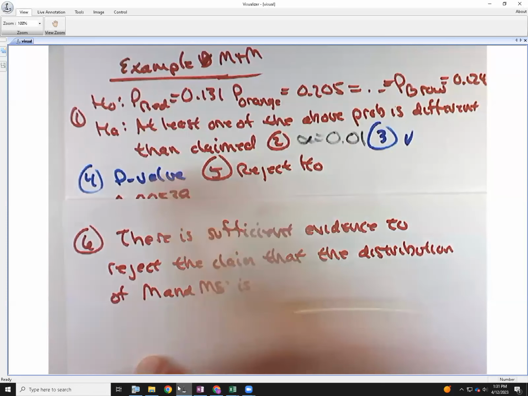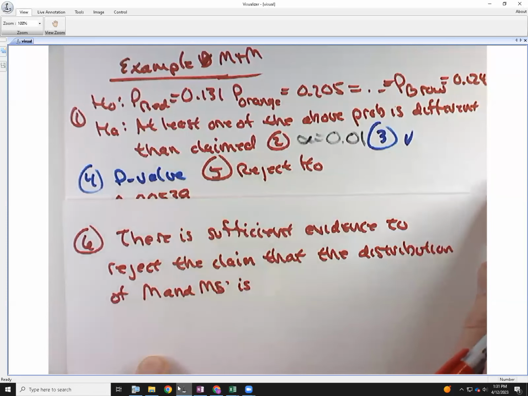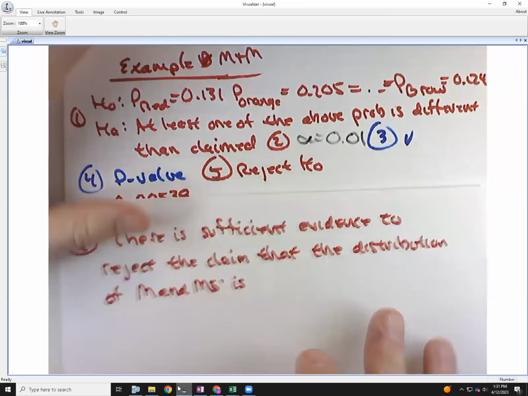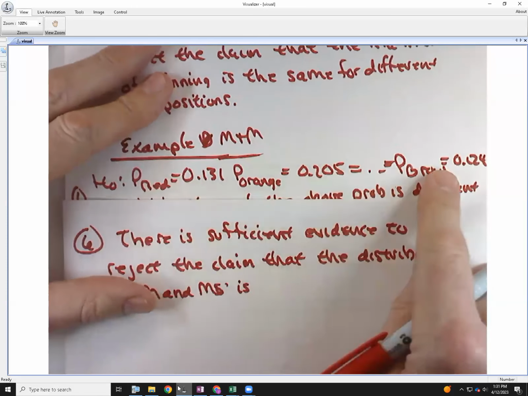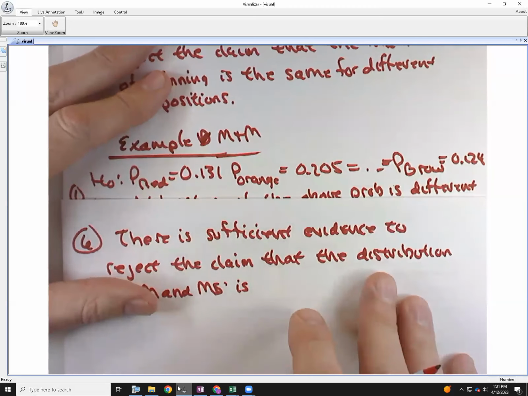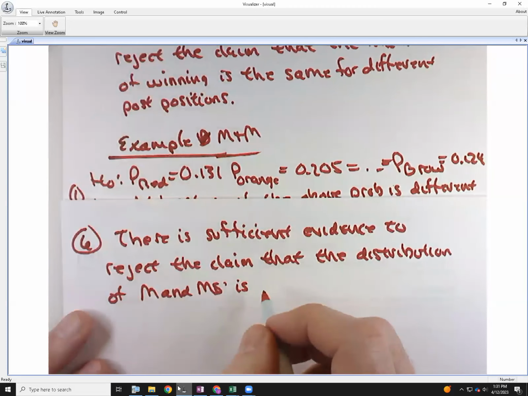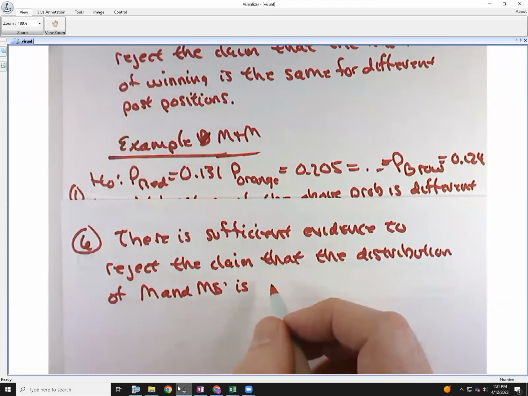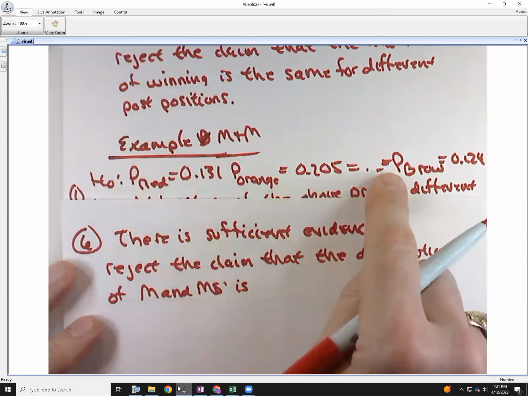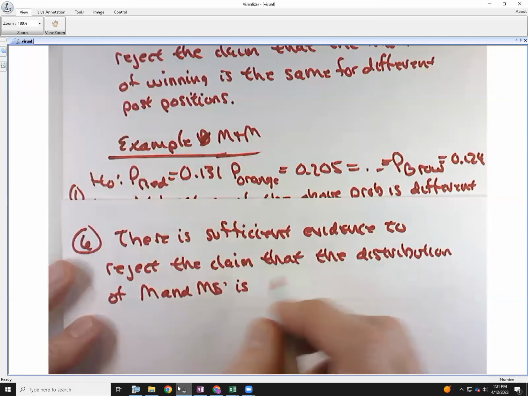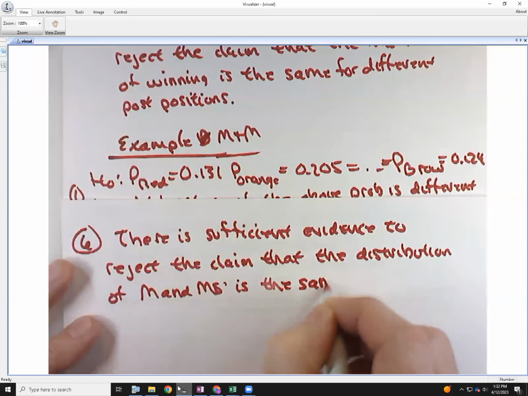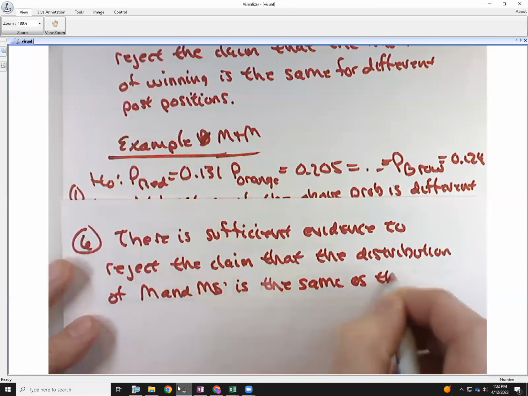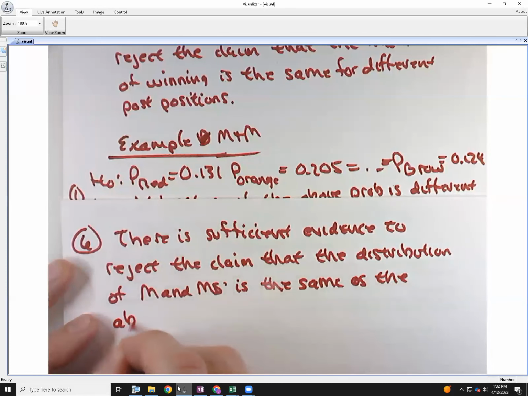I don't want to be too long is what I'm debating here. So I just kind of want to briefly refer to these probabilities up here. Any suggestions? Is the same as the above probabilities. Yeah. As the above probabilities.